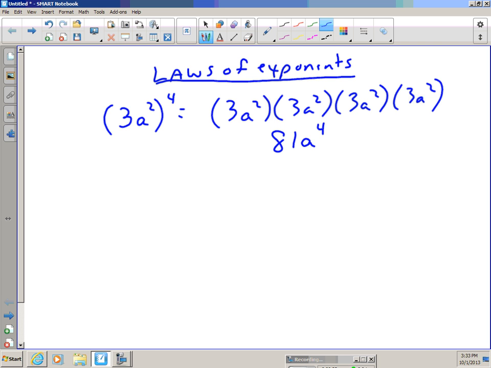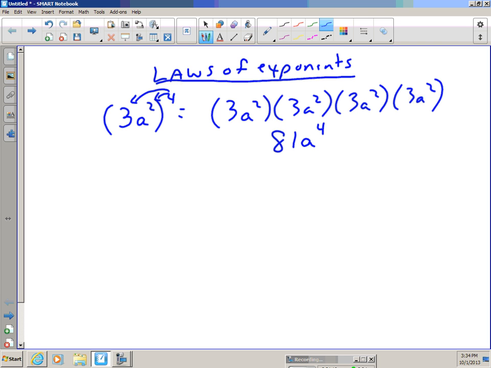Well, I don't want to, because we've said this before, we don't want to have to write out multiplication a number of times. So the key difference here from what we talked about before and what our rule number 4 is telling us is if we have more than one base inside the parentheses, we distribute the exponent to each base.